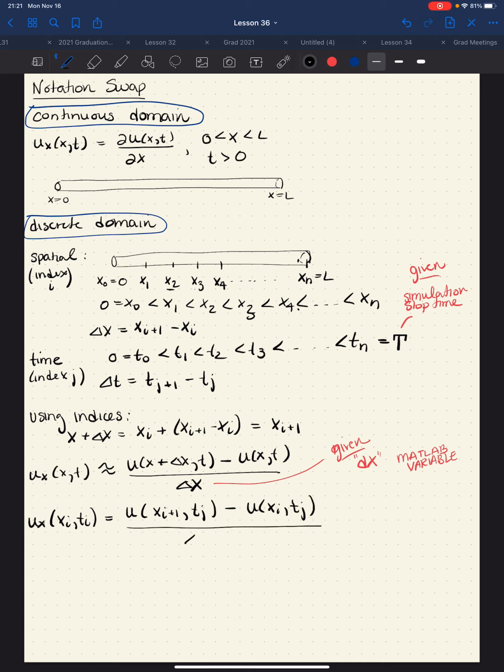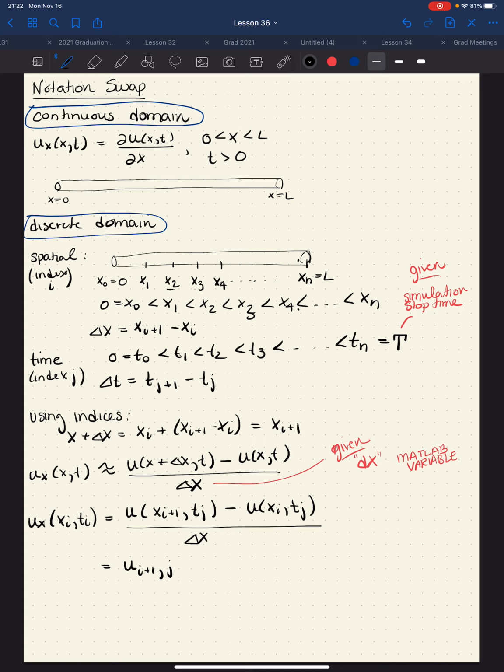divided by delta x. Now we can actually make this simpler, because remember earlier where we had f of x sub i, you could write that as f sub i. We're going to do the exact same thing. So now I'm just going to write this as u_{i+1,j}.